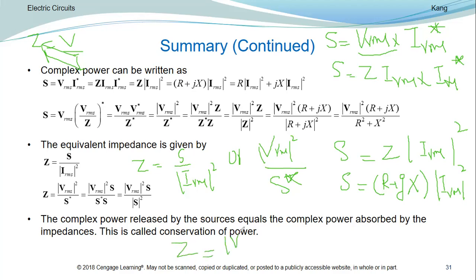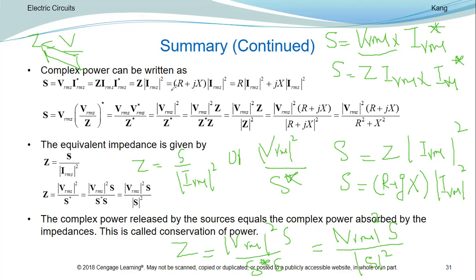Again, Z equals VRMS square divided by S star into S, so this will be equal to VRMS square with the value of S divided by the absolute value of S square. The complex power released by the sources equals the complex power absorbed by the impedances. So this is known as conservation of power.